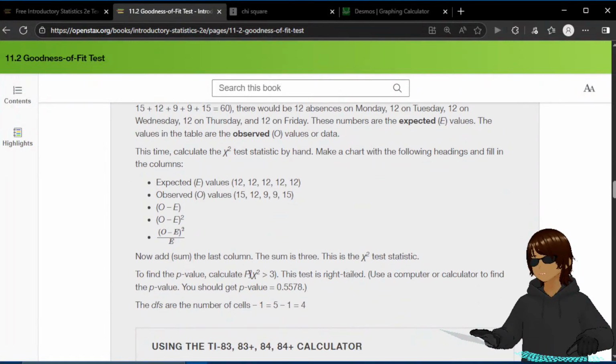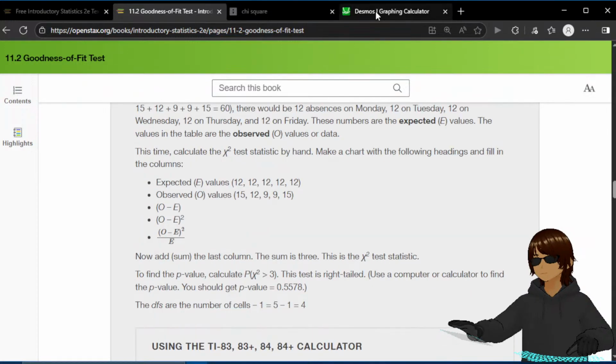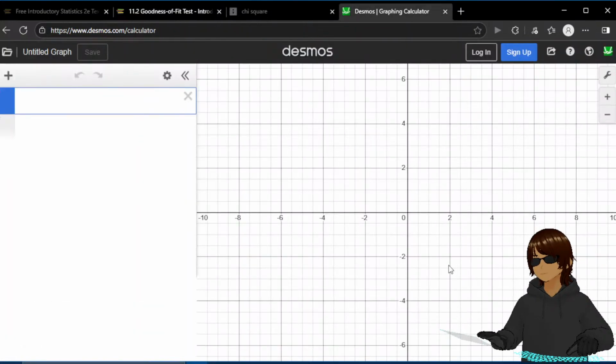This is the chi-square test statistic. Find the p-value, calculate the probability that chi-square is more than 3. This test is right-tailed. The degrees of freedom are the number of cells, which is 4. Let me see if Desmos has this.